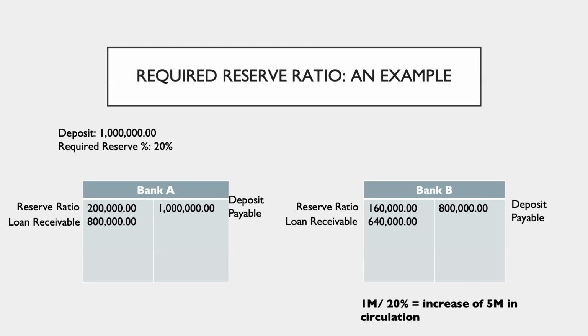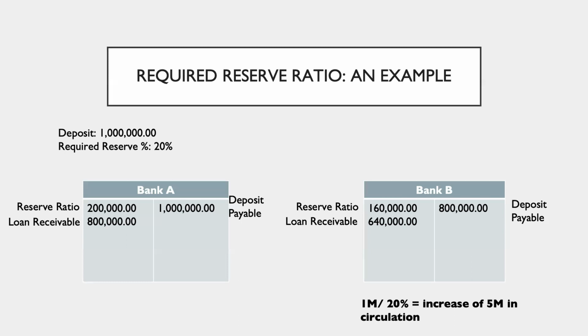So, from Bank A, the 1 million pesos that I deposited ends up being lent to another person for 800,000 pesos. Why only 800,000? Because the central bank requires my bank to keep a reserve of 200,000 pesos. So 200,000 of my 1 million ends up in the bank's vault.